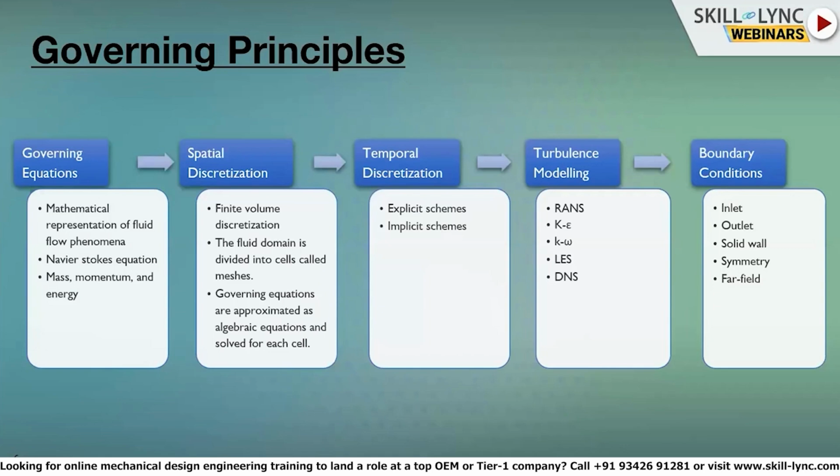There are different schemes available in the CFD solver, called explicit schemes and implicit schemes. As I said before, this is an iterative process. If at a particular time step you want to calculate the flow parameters, then in an explicit scheme you would know the previous time step values, and those would be used to calculate the current time step values.